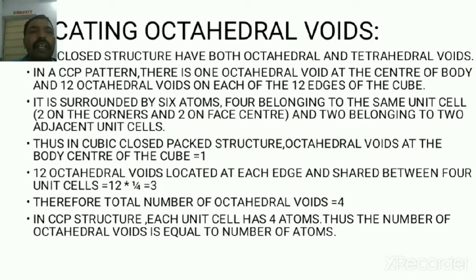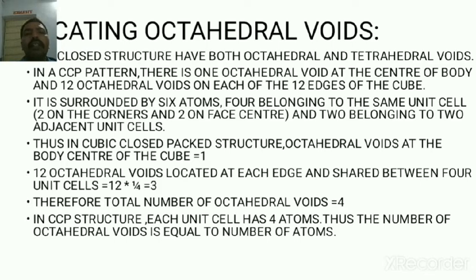There is one octahedral void at the center of the body, and this octahedral void at the center of the body forms due to the joining of the 6 constituent particles present at the center of each face. In the CCP pattern there is one octahedral void at the body center, and 12 octahedral voids, one on each of the 12 edges of the cube.